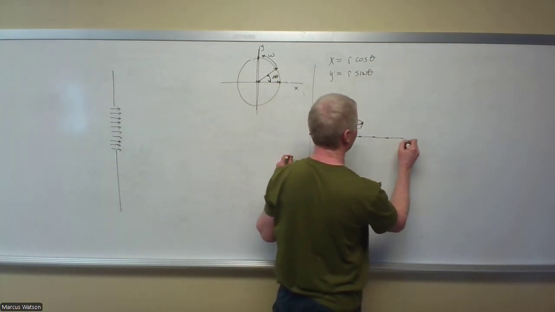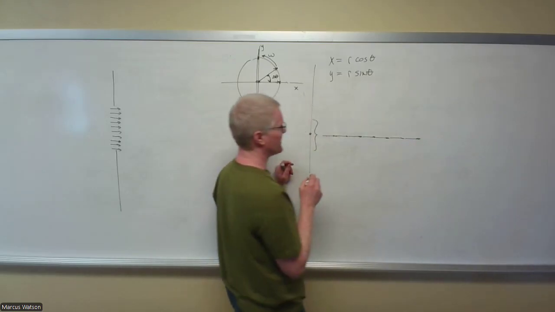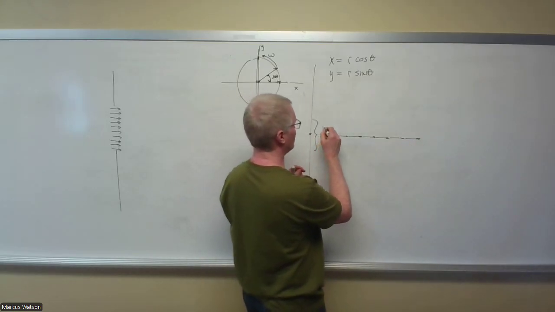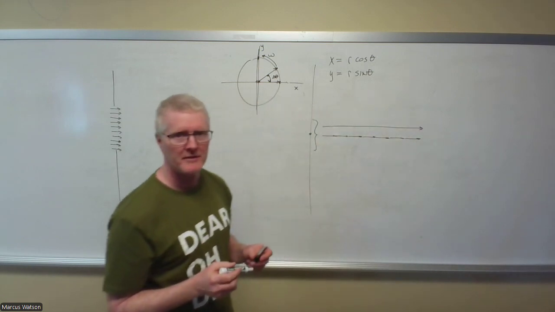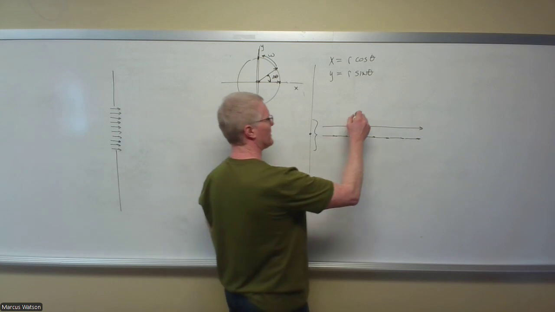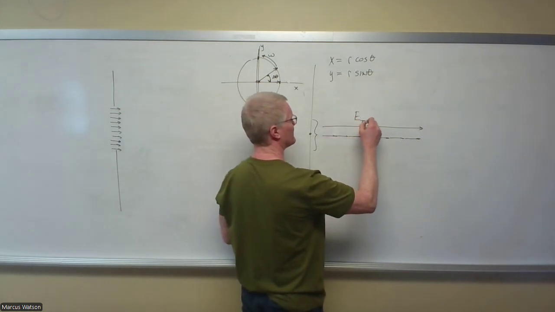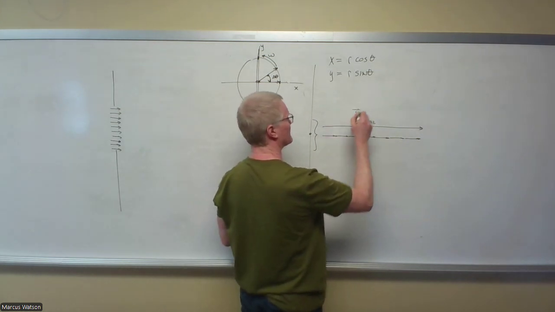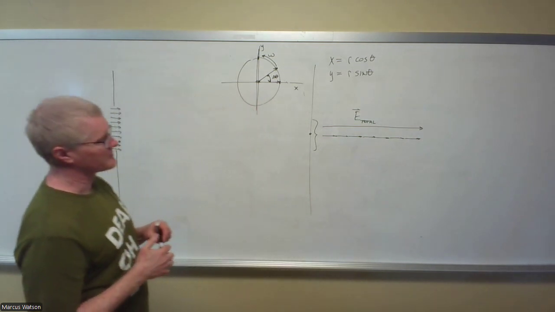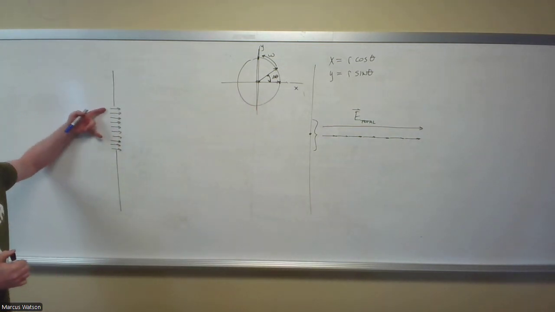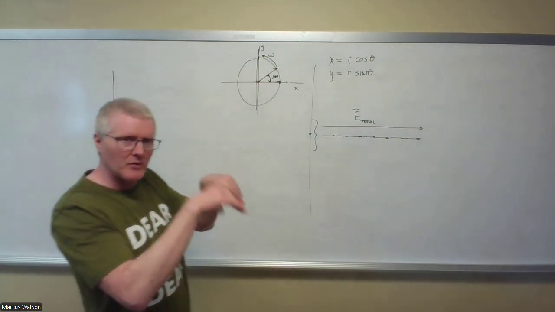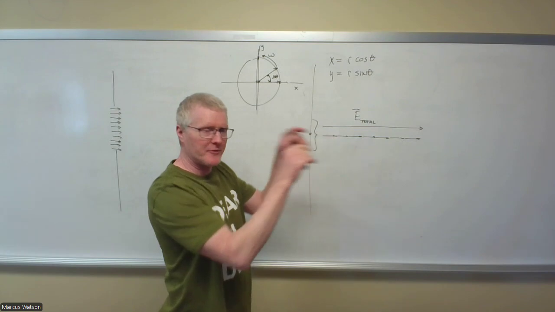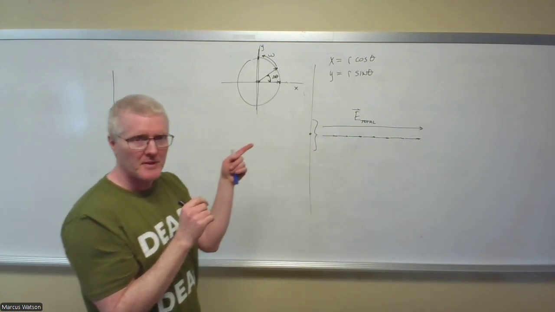So my total electric field vector is going to be this whole entire thing. Call this, for example, E total, whereas it's a sum of all these individual little electric fields of every little electromagnetic wave that's propagating from the slit and hitting the screen.